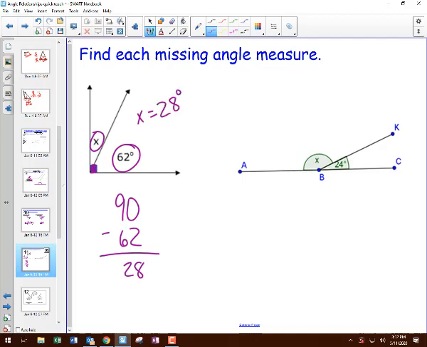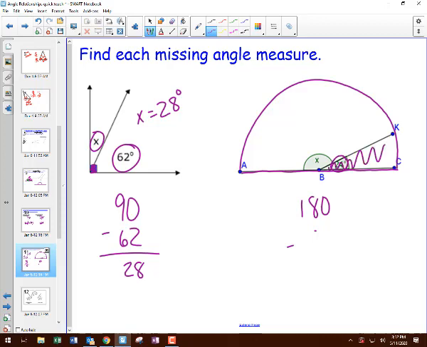Okay? When I go over to this second example here, I see the straight angle. That gives it away. That means this whole thing is 180 degrees. So all I have to do on this one is 180 degrees minus what I know. Well, I see a 24 here. That's 24 degrees. I subtract that out.